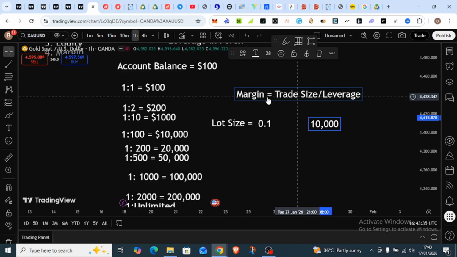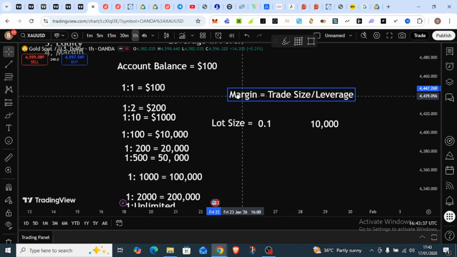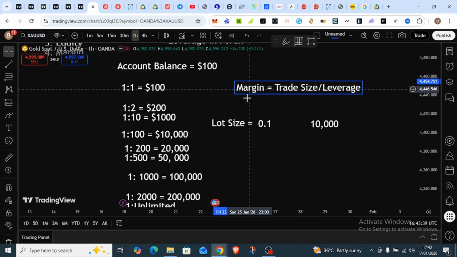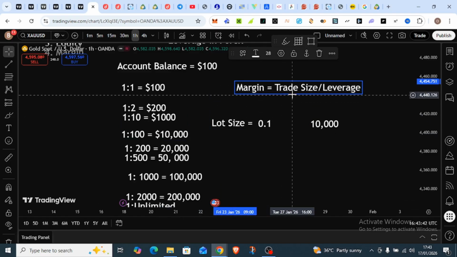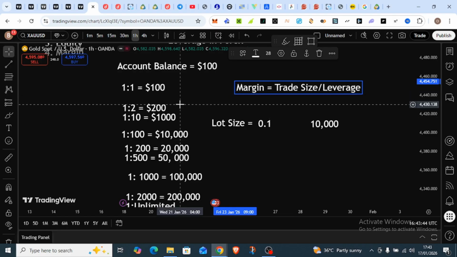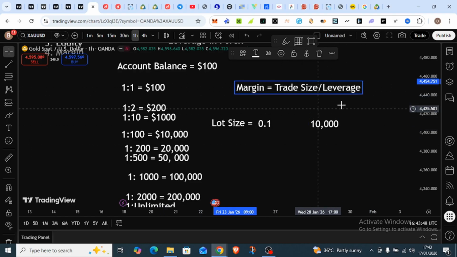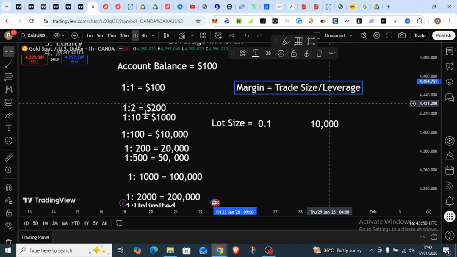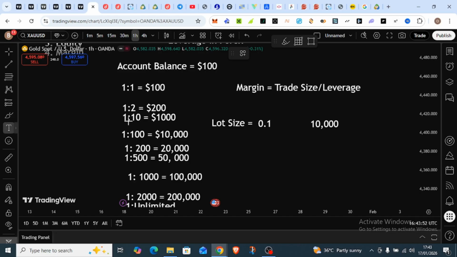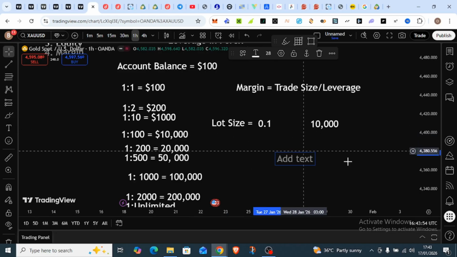So from this formula here, we can simply input our trade size to know the right leverage that we will use. So let's just do the mathematics together.